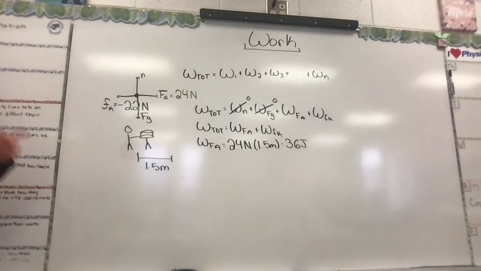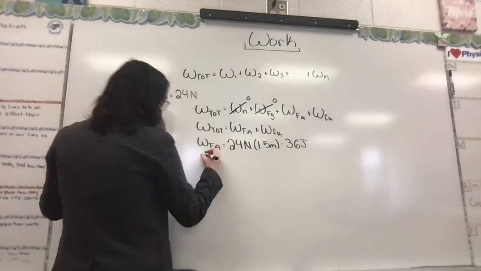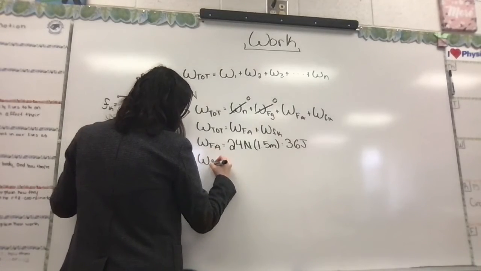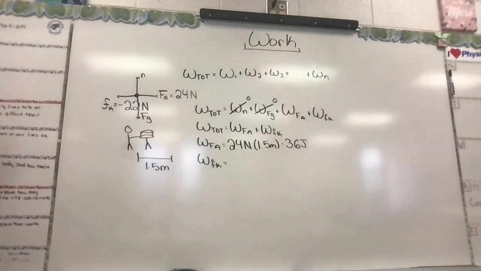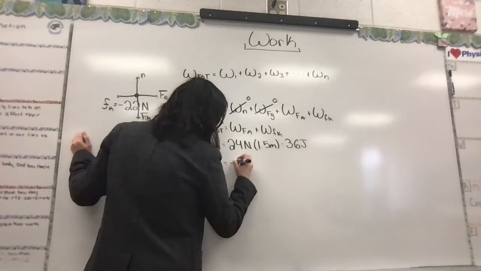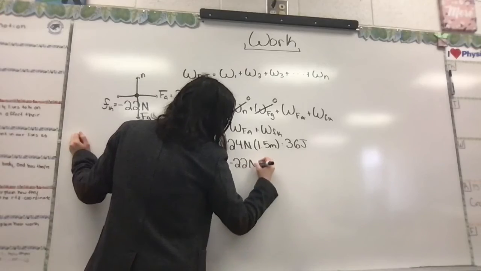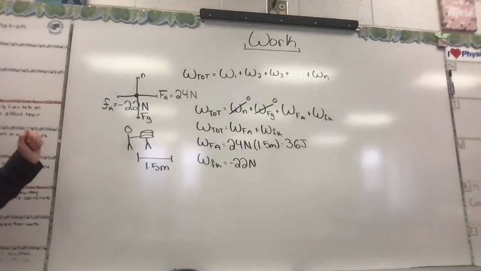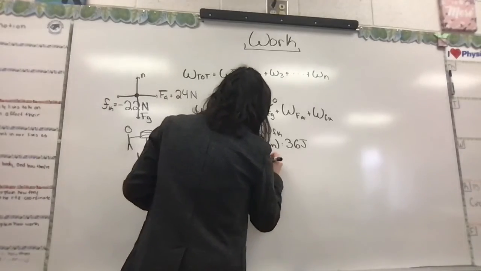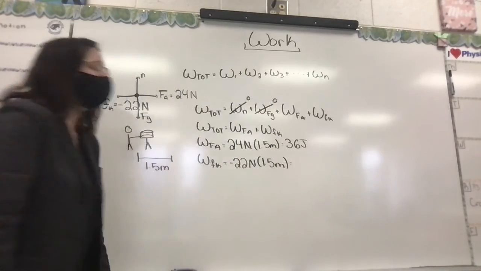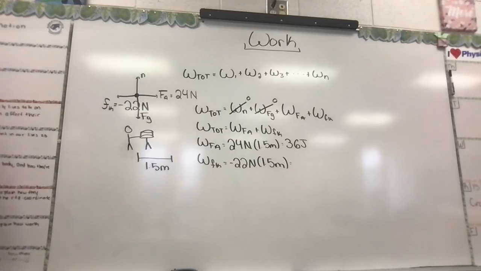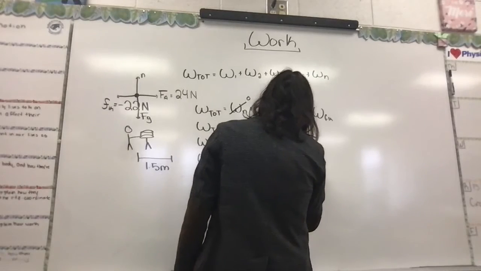Now we need to think about the work done by this kinetic friction. So what is the force of kinetic friction? Yeah, it's negative 22 newtons. Okay, and what's the distance? It's still going to be 1.5. Good job. So what does that make our work due to kinetic friction? Negative 33 joules. All right.